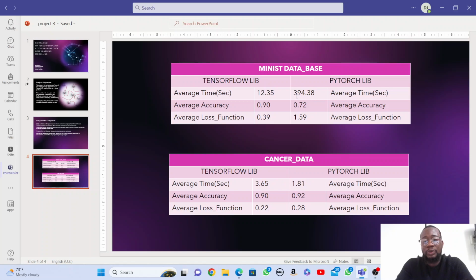The average time was about 394.38 seconds, and the accuracy is also lower, 72%, and the average loss function for PyTorch under the MNIST data is 1.59.